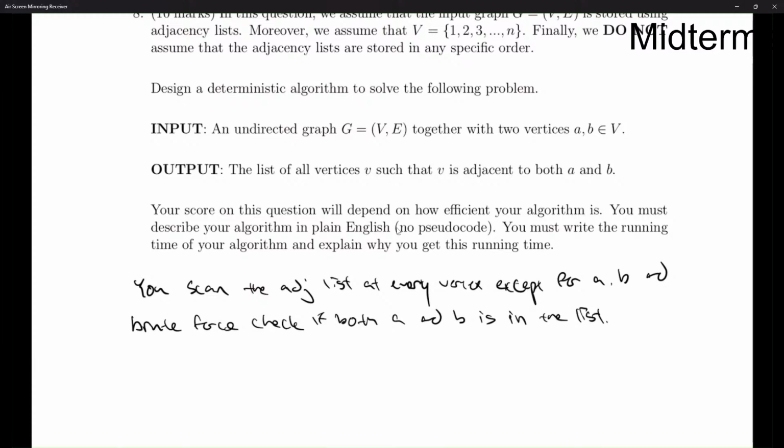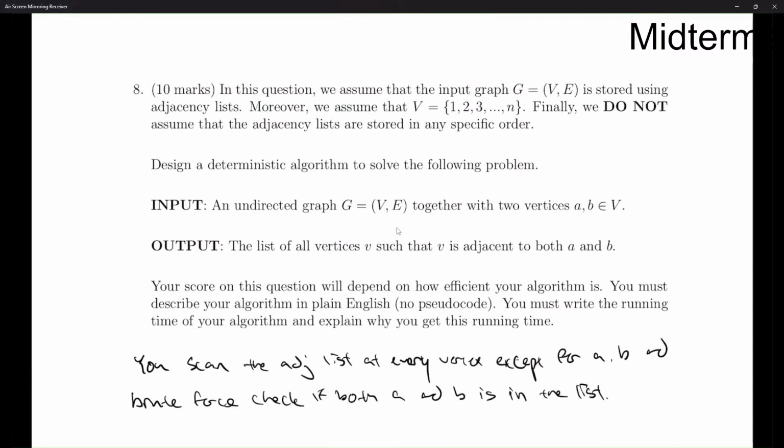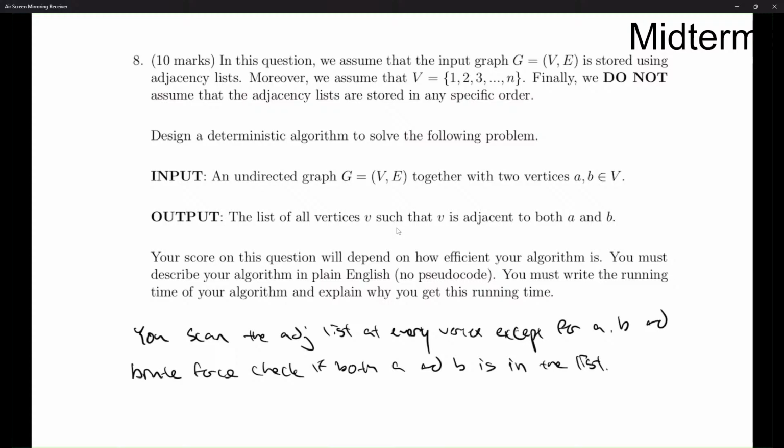So if we have n vertices, we can have at most n-1 connections. Then it's just n squared. So there's just O of n squared.